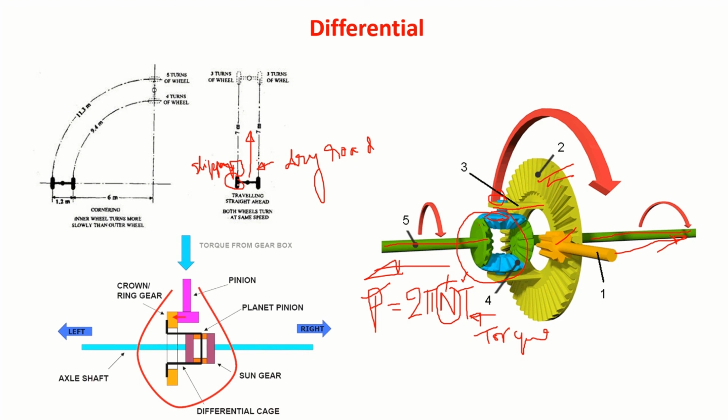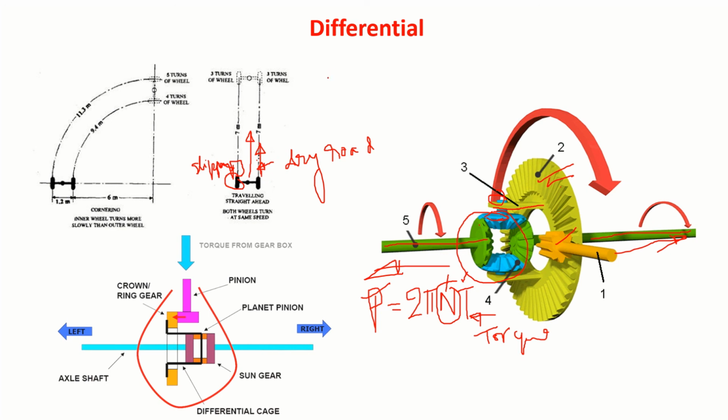So now when this wheel is on the slippery road and this wheel is on the dry road, the torque remains the same, and this one gets more power and will simply be spinning. The other will be getting less power. Correct? It will not be able to drive through. That is what exactly is going to happen. Correct? The same torque will be flowing.